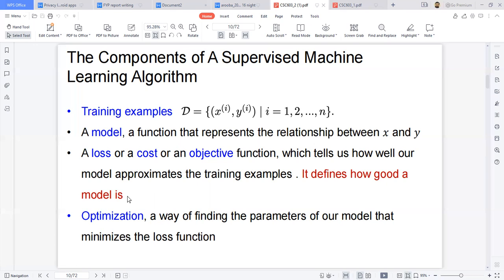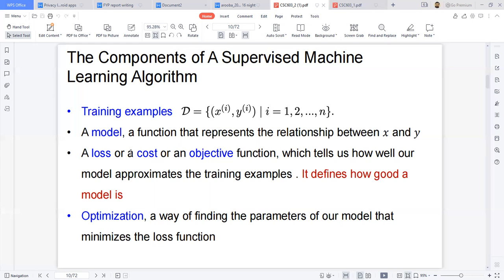For example, if the actual price of the house was 2 million, but you have found 3 million, the difference will be 1 million. So this is the loss of your value.